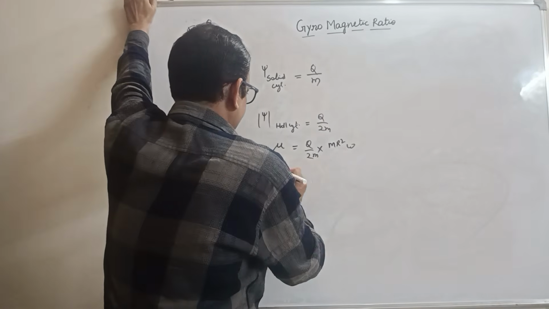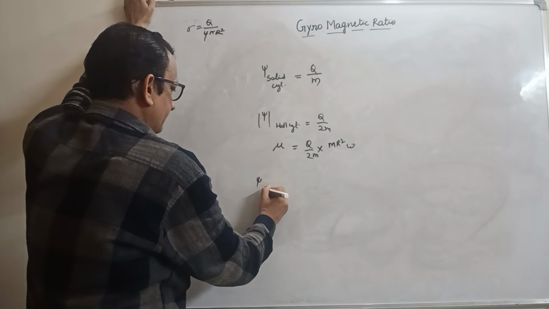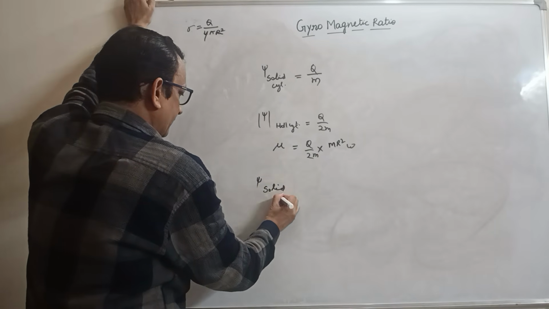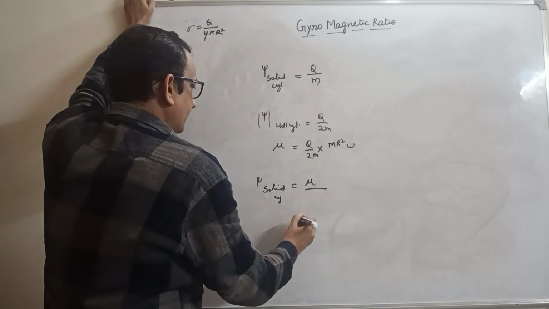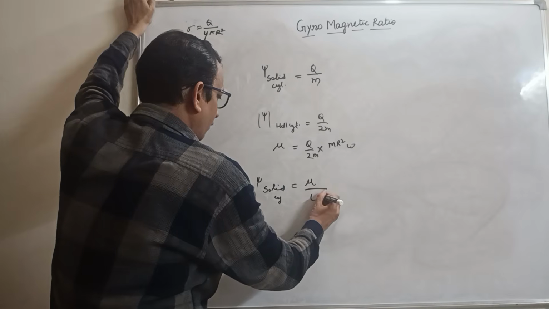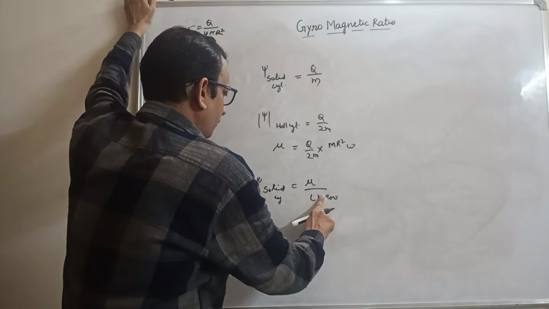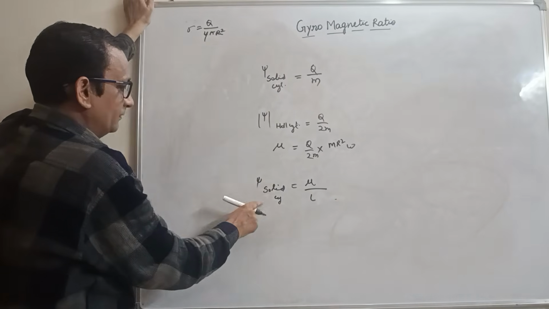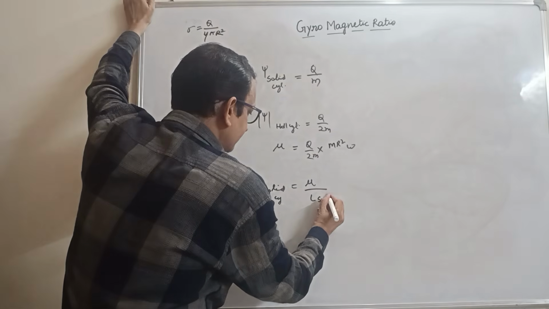So we write here the gyromagnetic ratio for a solid cylinder. This would be mu by L, where L is for the solid one. We have calculated the gyromagnetic ratio for a solid cylinder.